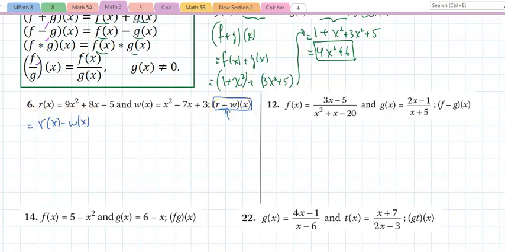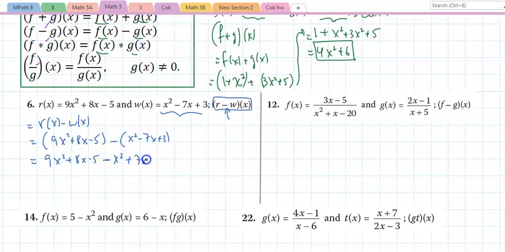The functions operate, and that would be 9x squared plus 8x minus 5 minus x squared minus 7x plus 3. If you distribute the negative, that would be 8x squared plus 15x minus 8.